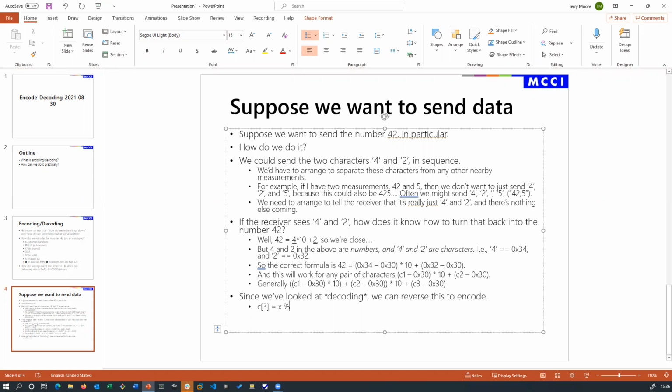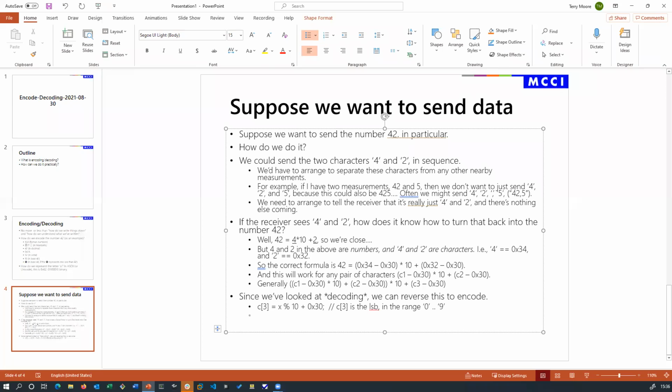X modulo 10. Remember, the percent sign is the modulus operator. And then we're going to add 0x30.